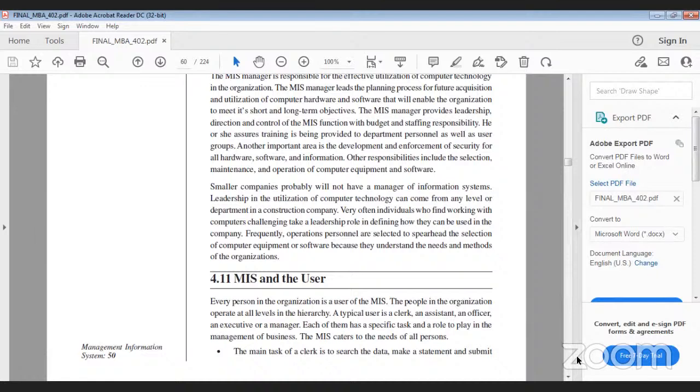Each of them has specific tasks and a role to play in the management of the business. MIS is used by all of them.